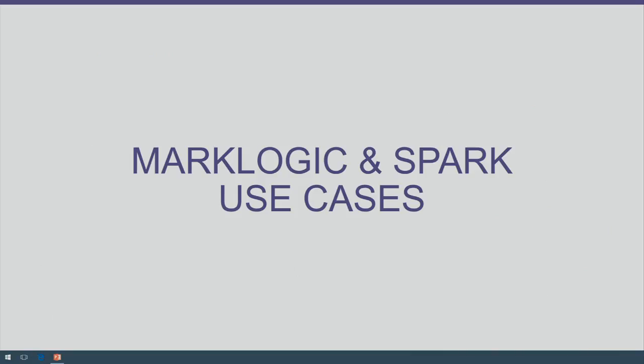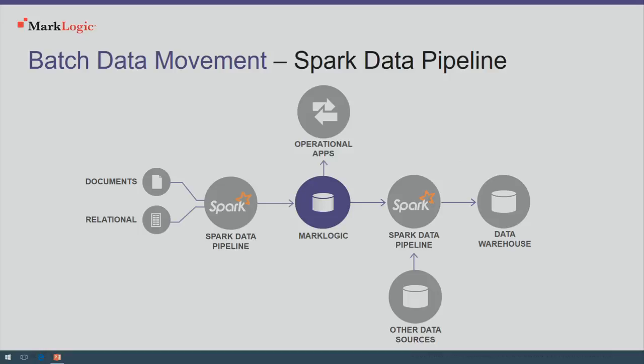So let's dive into the use cases. The first use case I have here is the operational data hub use case, as you may have seen again in the keynotes today, where you have the source system, which could be relational or non-relational. You are doing the batch data movement or data migration, bringing the data into MarkLogic to power up the operational applications that operate on the unified 360 degree operational view of your data.